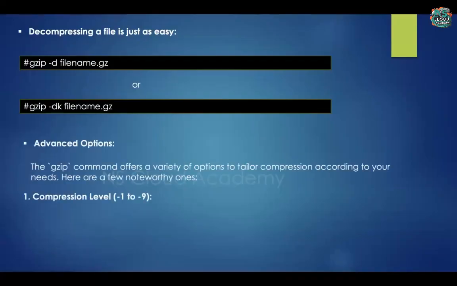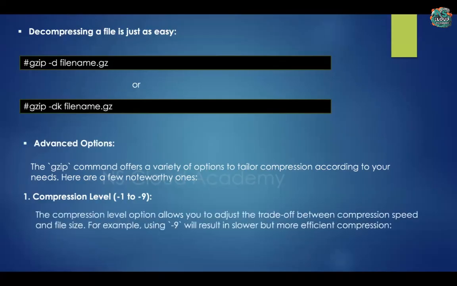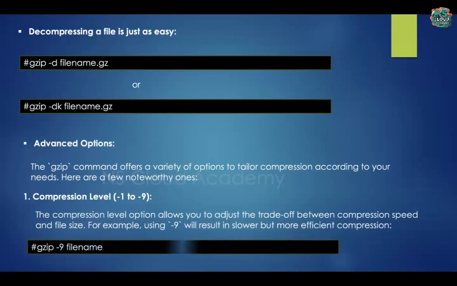Okay. Now, advanced options. The gzip command offers a variety of options to tailor compression according to your needs. Here are a few. Compression level: you can use -1 to -9. gzip space -9 and then the file name.